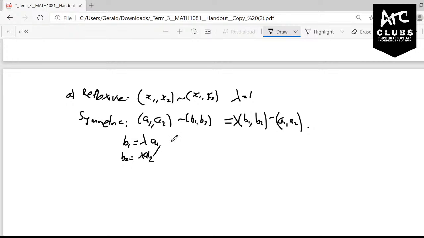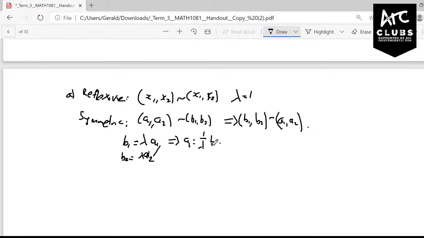And so from here, what we can do is we can write A1 as 1 over lambda times B1. And we know that lambda can't be 0 because, well, if it's equal to 0, then we set B1 and B2 equal to 0.